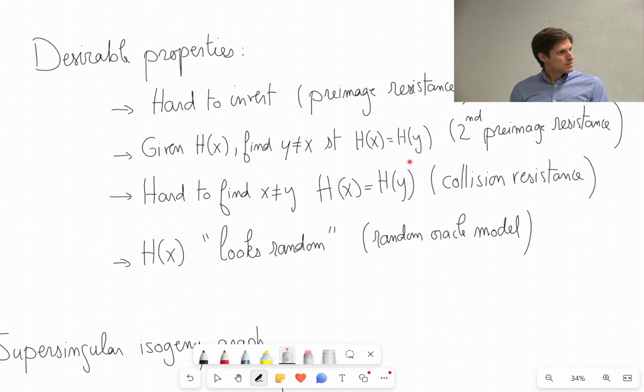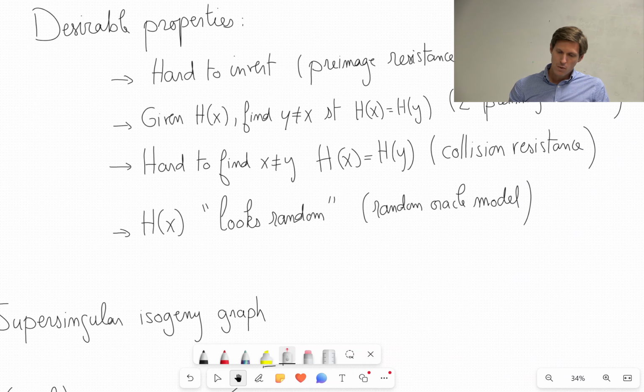So that function h has a much bigger domain than codomain. Just to be clear, there are plenty of collisions, they're just hard to find. If you're willing to pay 2 to the 128, you'll find collisions. The postulate here is nobody wants to pay 2 to the 128.